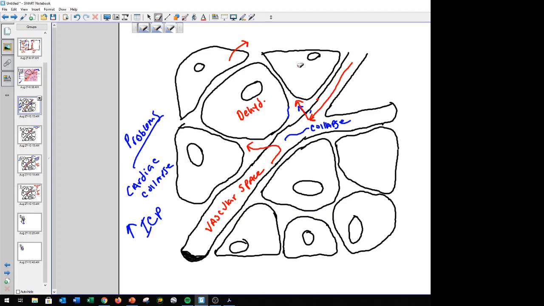All right, and so then a problem arises when we talk about fluid called third spacing. Third spacing. A lot of your burn patients have third spacing.